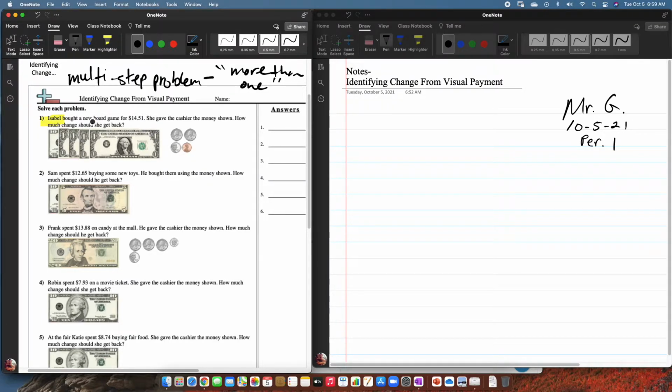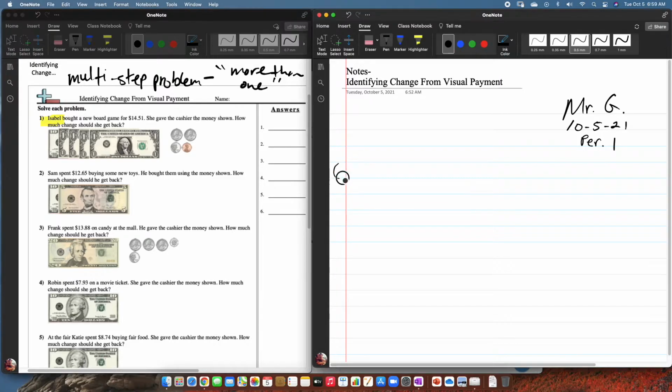So what do we know? Number 1, we know that she bought a board game, so we know that the game costs $14.51.